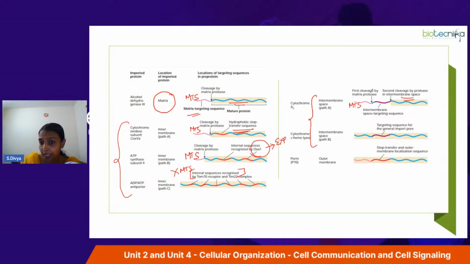That means they will be released into the matrix, taken into the inner membrane, and finally to the intermembrane space. Otherwise, they will enter the intermembrane space directly through the general import pore. For the outer membrane, not much difficulty. Simply, they will have an outer membrane localization sequence so that they can enter directly.